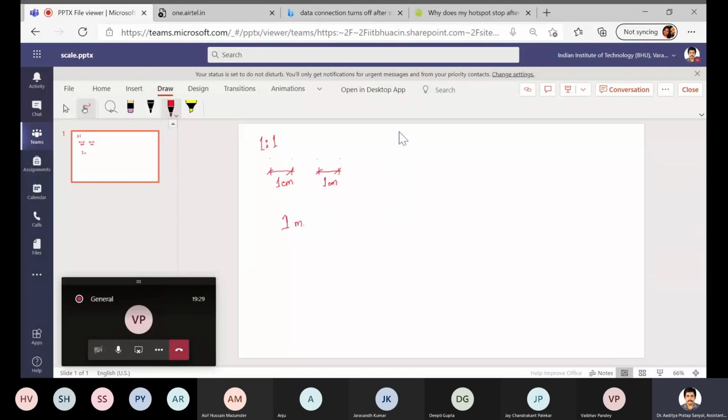What is the size of your sheet of paper? Has anyone measured an A1 sheet? What is the size? Can anyone tell?